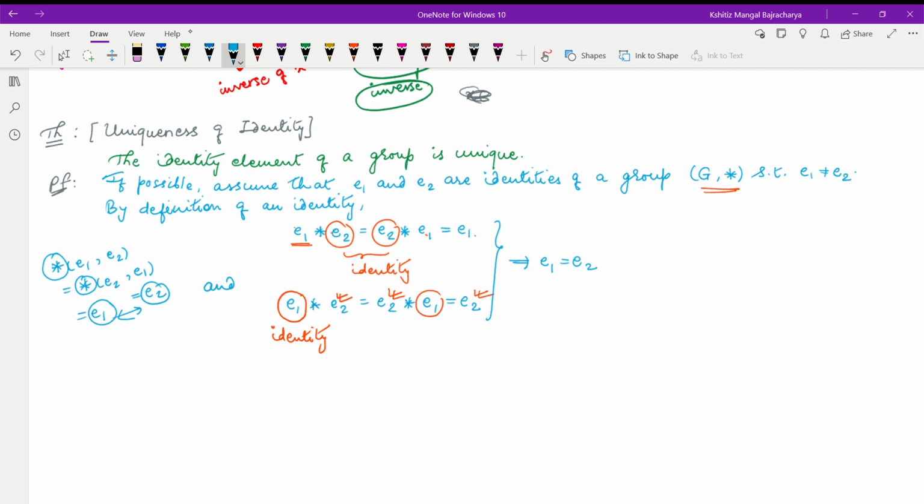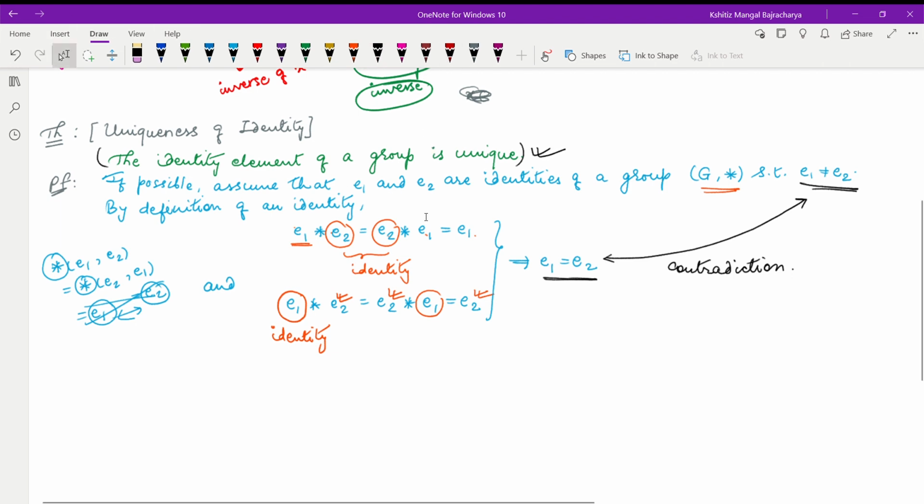So these two cannot be different, and therefore we must have E1 equal to E2. Let's compare these two statements. These two statements give us a contradiction. So our assumption that identity is not unique is false. So by the method of contradiction, we can conclude that the identity of a group is unique.